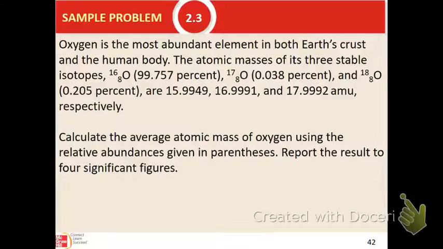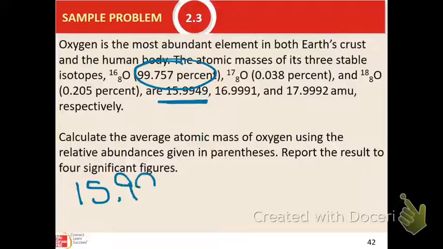So let me go to drawing mode here and show you how you'd go about calculating the average atomic mass that they put on the periodic table. All in the world they do is they say, okay, 99.757% of all the oxygen out there has that mass. So they said 15.9949, that's its mass. And then this is the percent.